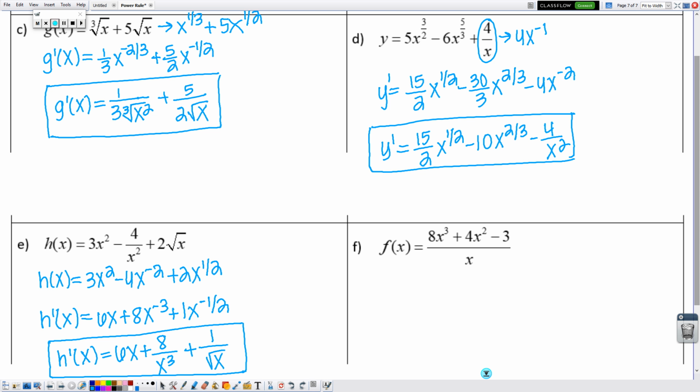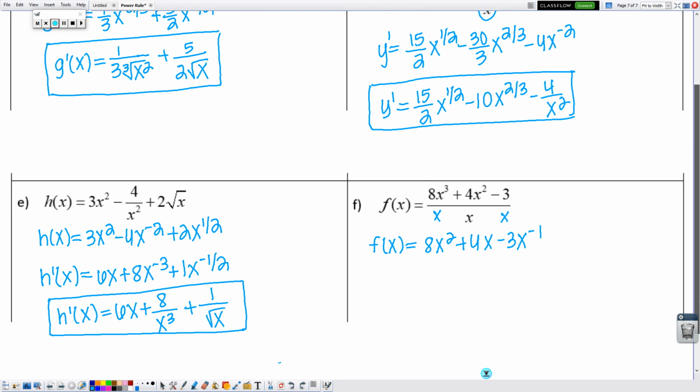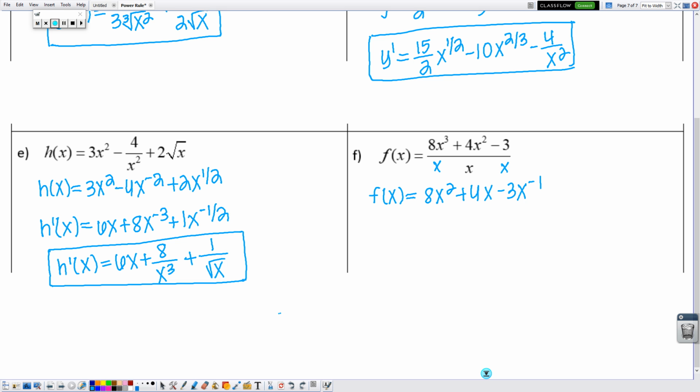Okay? Now when you do letter F, what you can do is you can actually divide each part by x. So if you divide each part by x, everything gets just a little bit simpler. Okay, because what you have is f of x equals 8x squared plus 4x minus 3 over x, which is x to the negative 1. Okay? So then I just need to take the derivative.